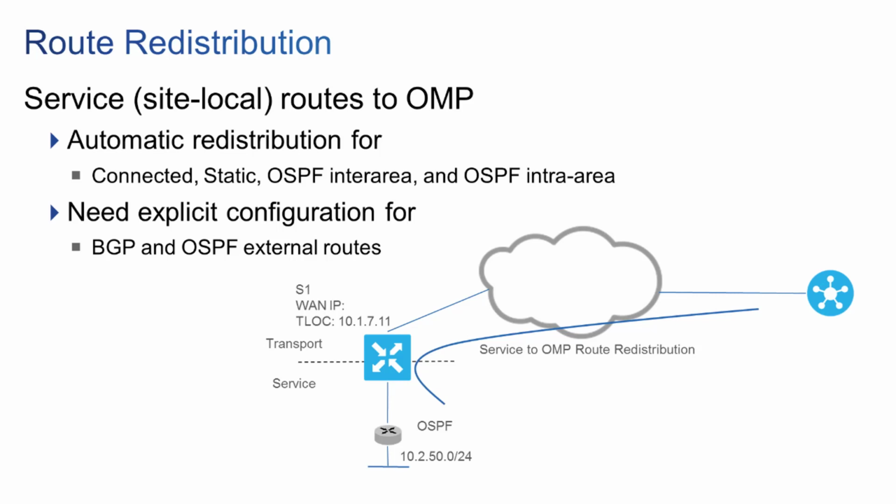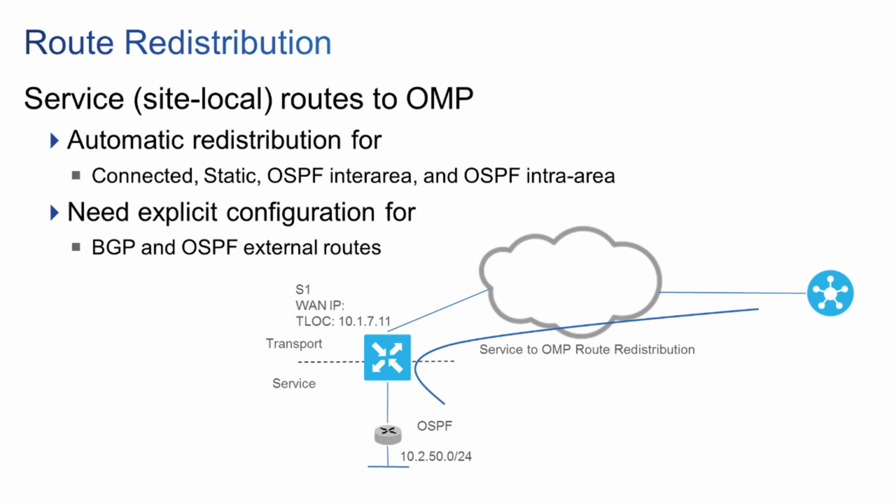Now, those TLOCs can be directly reachable with an entry in the routing table of a physical network, or they could be represented by some sort of prefix on the outside of a NAT device, but that still has to be included in the routing table. All right? We'll think of this kind of like our next hop attribute, if we will, like we see with BGP. And then we finally have our service routes.